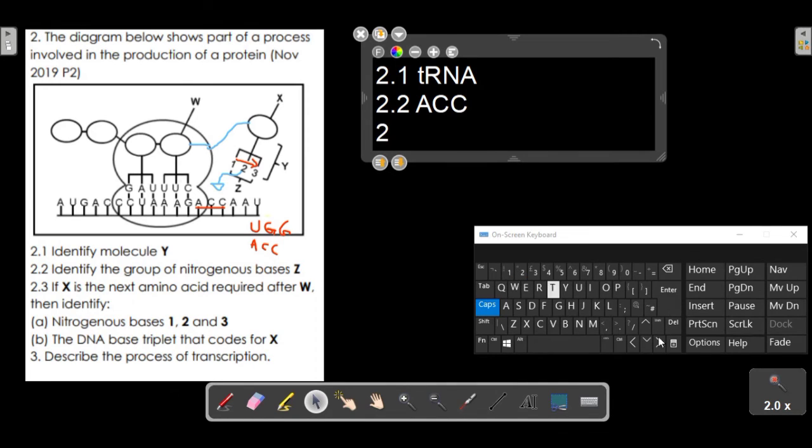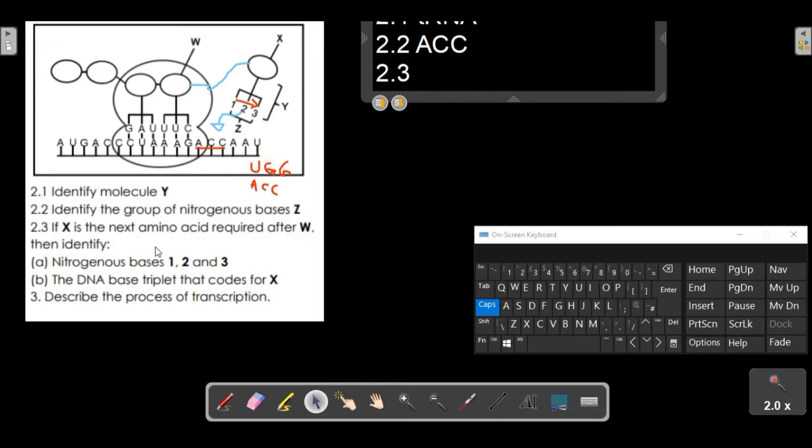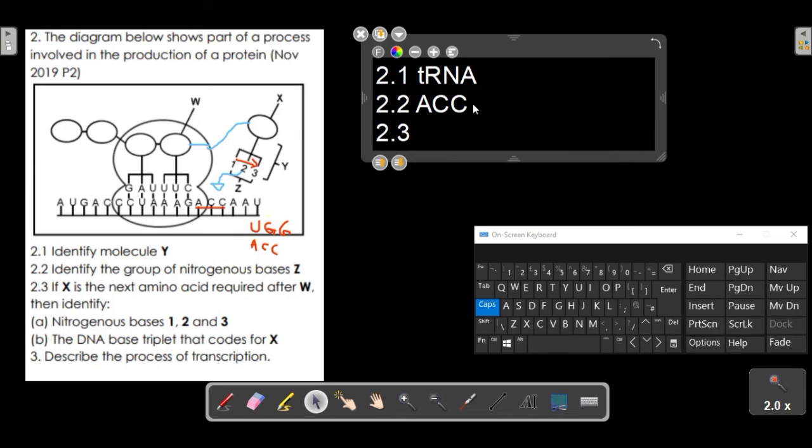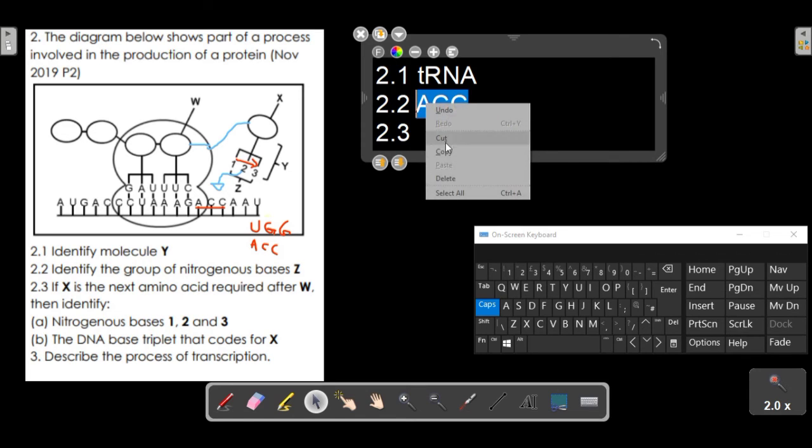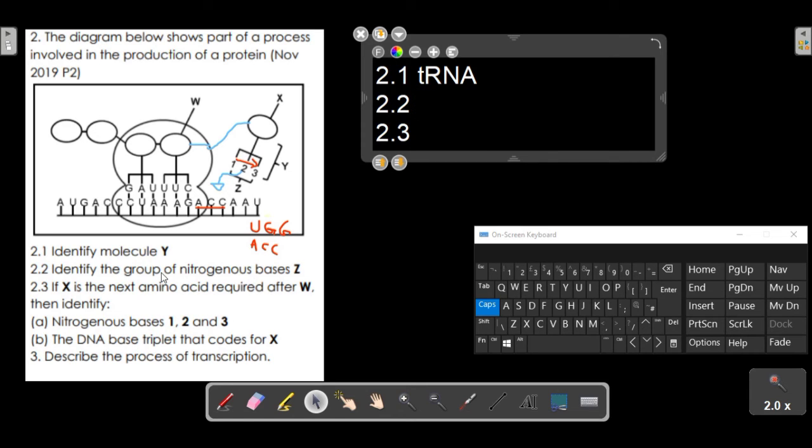Okay, then for 2.3, if X is the next amino acid required after W, identify nitrogenous bases 1, 2, and 3. Okay, so I made a mistake here. So I already have this covered. So the group of nitrogenous bases Z, guys. I made a mistake there. So do you see how important it is to read the question?